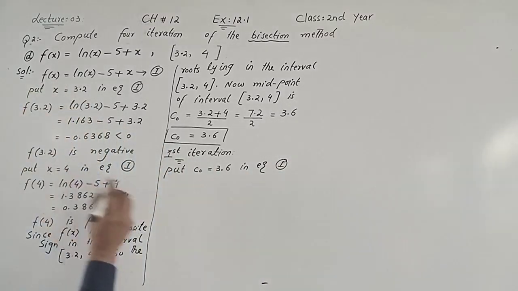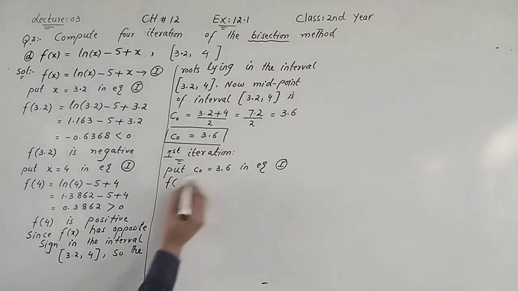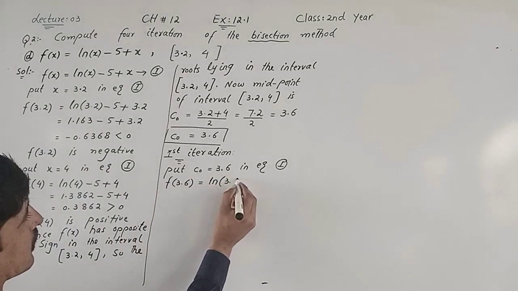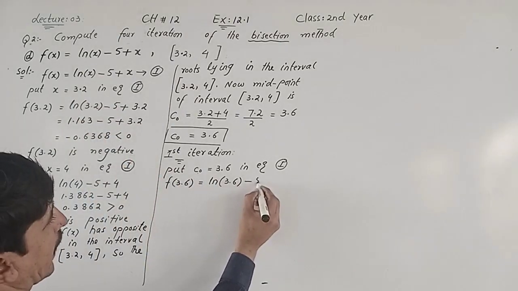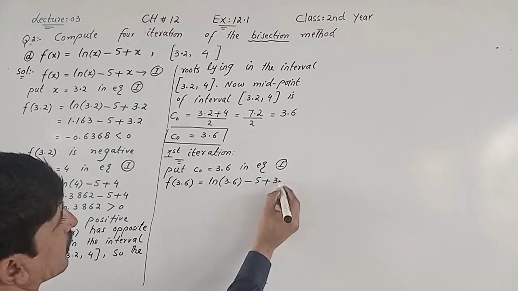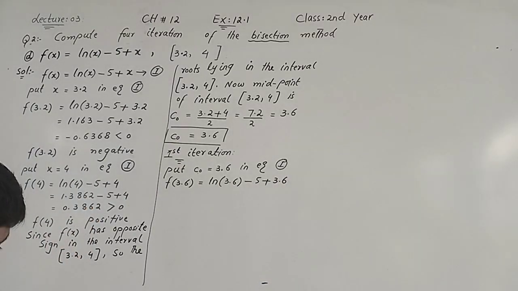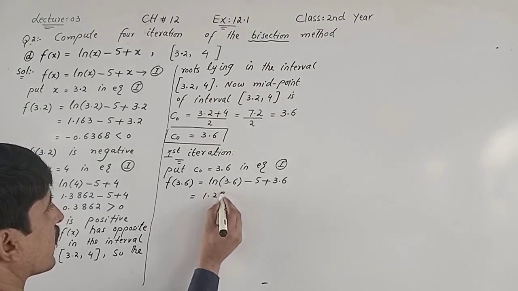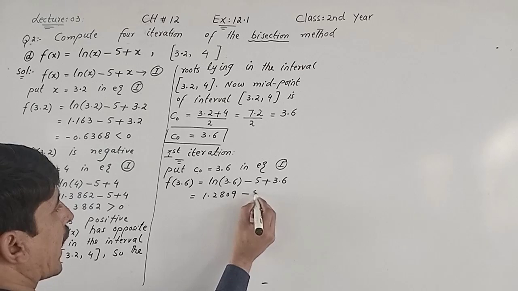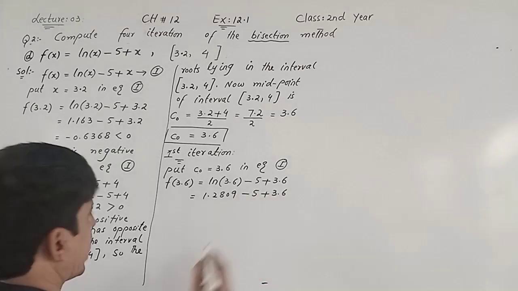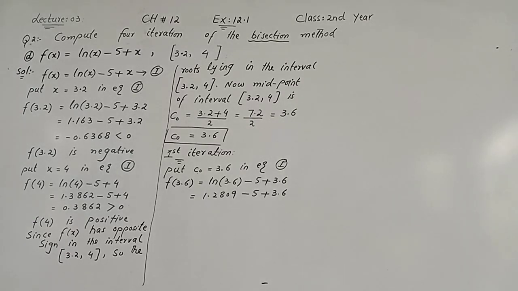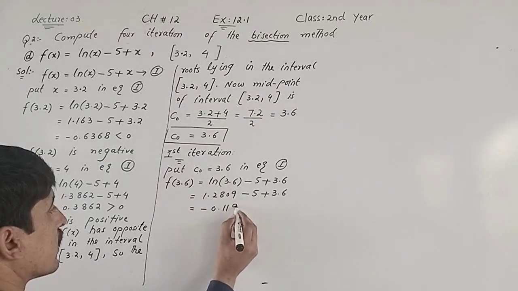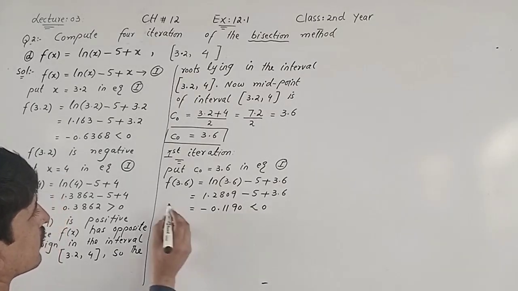So we get f of x की जगह C naught की जगह 3.6 is equal to log of 3.6 minus 5 plus 3.6. तो क्या आ जाएगा? log of 3.6 से हमारे पास आ जाएगा 1.2809 minus 5 plus 3.6. तो क्या आ जाएगा? इससे हमारे पास आ जाएगा minus 0.1190, which is less than 0.